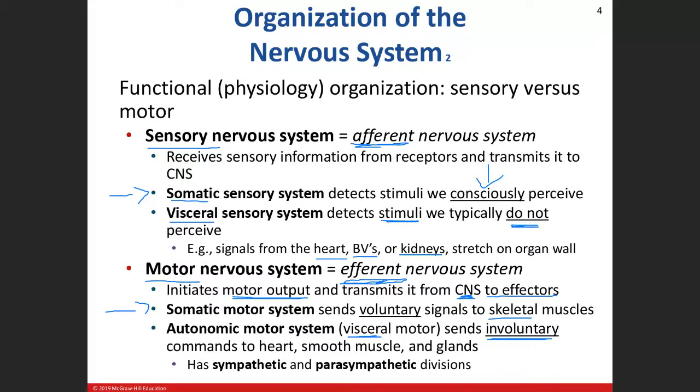So that's going to pertain to these tissues: heart, smooth muscle, and glands. Later on, in chapter 15, we'll talk about the divisions of the autonomic nervous system, called the sympathetic and the parasympathetic divisions. Sympathetic is the fight or flight, parasympathetic is the rest and digest. These divisions will get into much more detail in the later chapter.